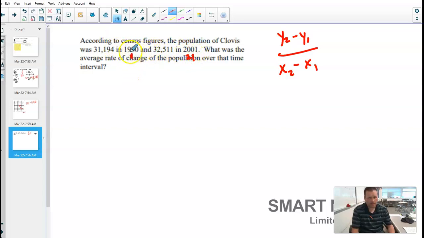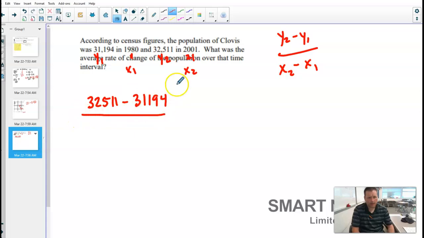And then this is going to be your x1, and this is going to be your x2, the years, which means this is my y1, and this is my y2 for that. So for this one, I'm just going to go my y2, so 32,511, minus my y1, 31,194, and I'm going to divide that by, again, you could just use the years if you wanted to as well.